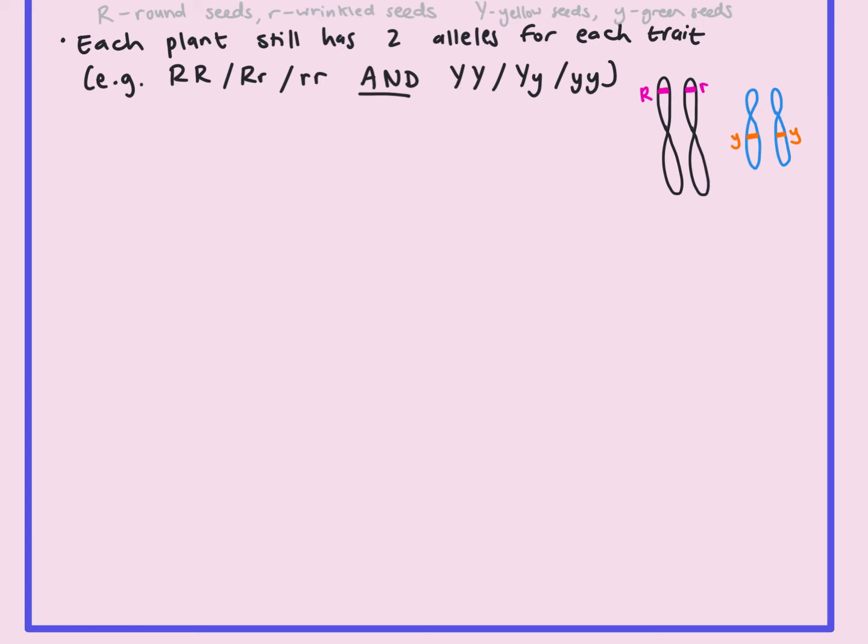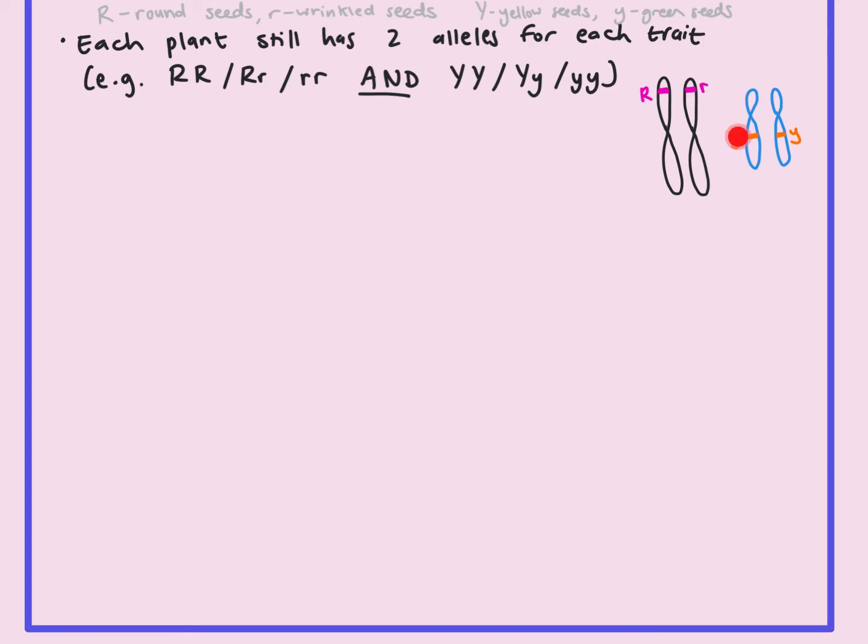Because if we just remind ourselves, these 2 alleles are found on homologous chromosomes. So this would be a homologous pair of chromosomes with the allele for, let's say, seed shape. So this would have an allele for round seeds and an allele for wrinkled seeds. But phenotypically, they would have round seeds because capital R, round, is dominant.